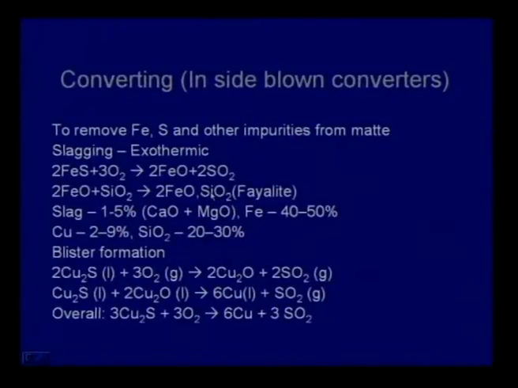It will go into the slag phase. The slag will contain 1 to 5% calcium oxide, magnesium oxide. Iron will be mostly 40 to 50%. There may be some slag losses. It would have silica. So, in the converter where the molten matte is being oxidized by blowing oxygen, these reactions take place.